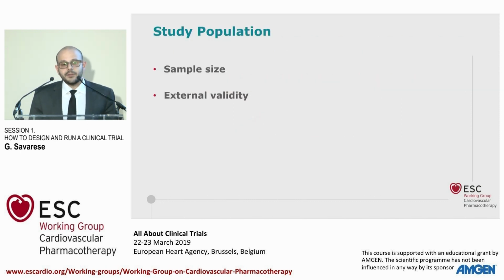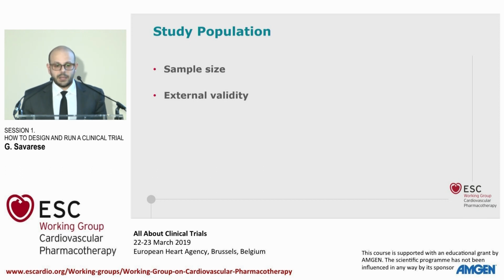Another very important point when we plan to run a trial is to define the study population. That's extremely important, and right now there is a lot of talking about this. First of all, we need to define the sample size, and then we have to assess external validity.